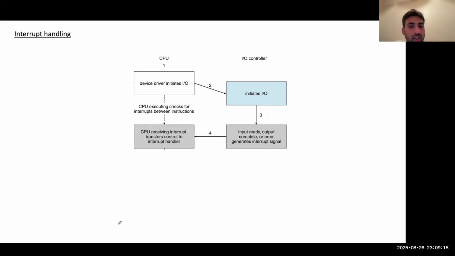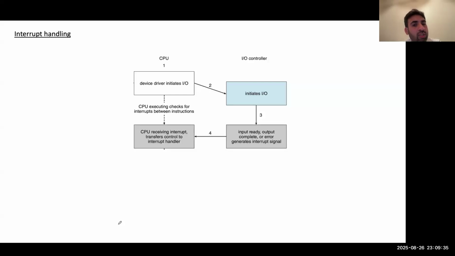or there is some kind of error in completing the required task. After one of these three situations happens, like your input is ready, your output is complete, or you were unable to complete the task, our IO controller sends an interrupt signal.